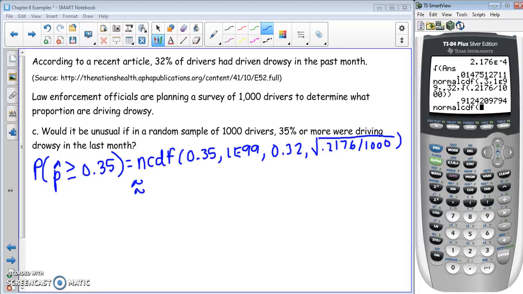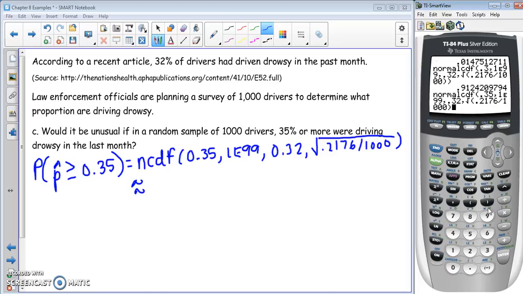Second vars 2, 0.35, comma, 1 E99, comma, 0.32, comma, second x squared for the square root, 0.2176 divided by 1,000.